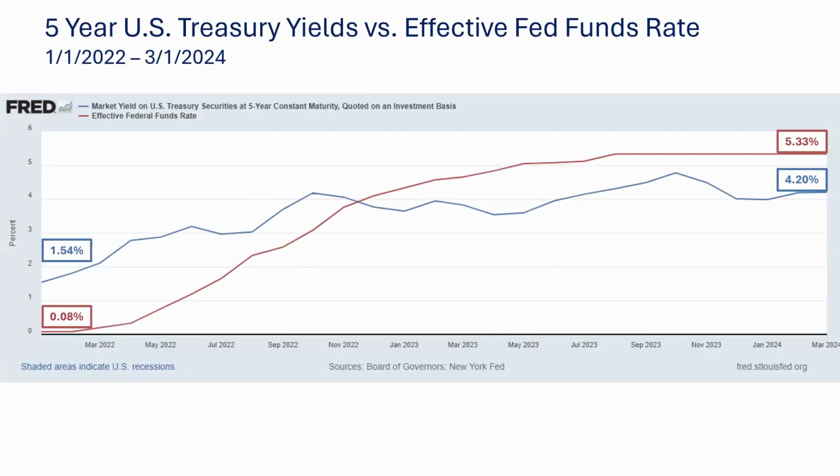Just to jump in here real quick, John, back in 2022 when this chart begins, a lot of investors were wondering, why are bonds paying anything? These bonds aren't yielding anything. We should abandon bonds, et cetera.